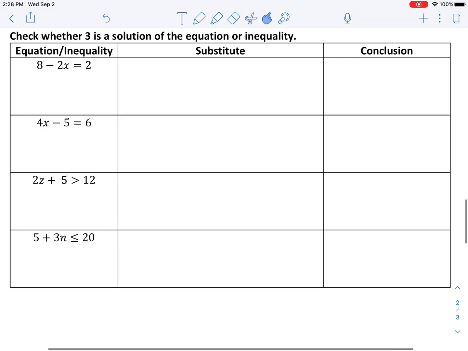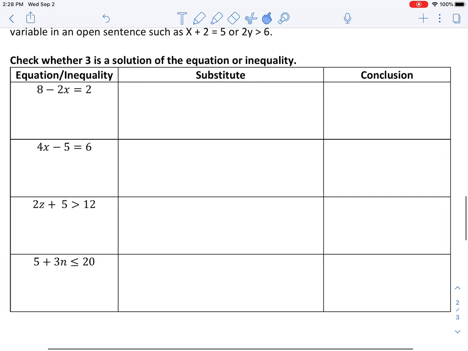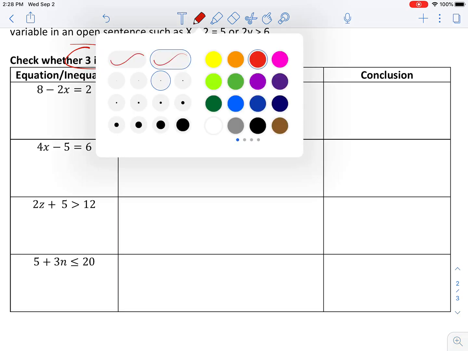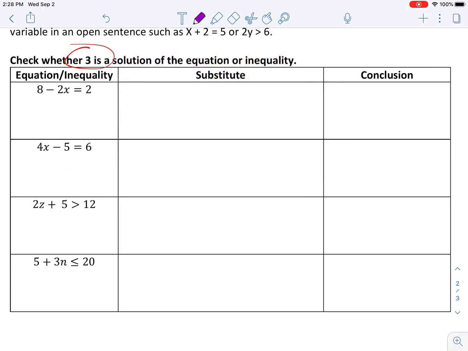Now, for these next 4 in this table, we need to check to see if 3 is a solution for all of these. So when you check to see something is a solution, you've heard your teacher say this 1,000 times, you plug your answer back in to make sure it's true. That's what a solution is. This is kind of validating and proving that you got this equation or inequality correct. So in this first example, 8 minus 2x equals 2.